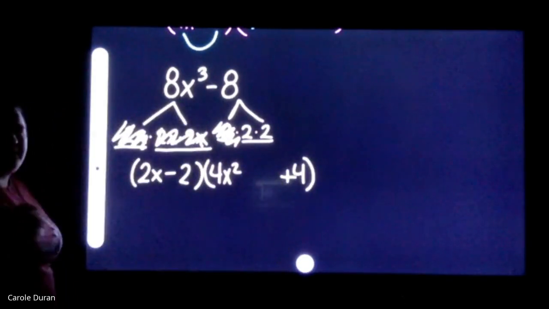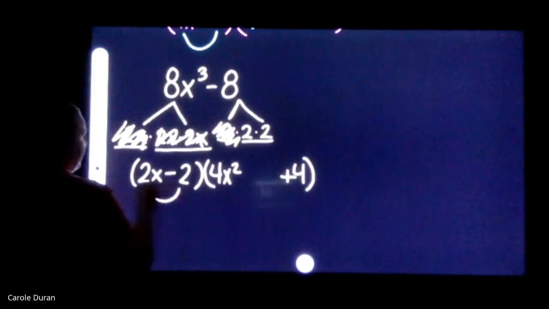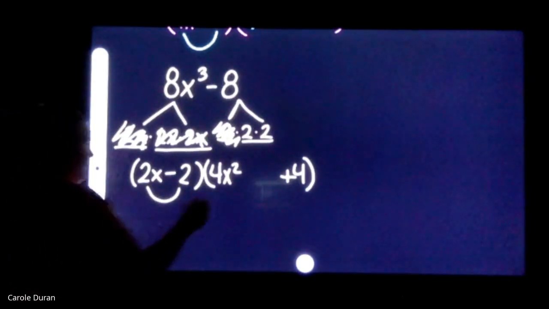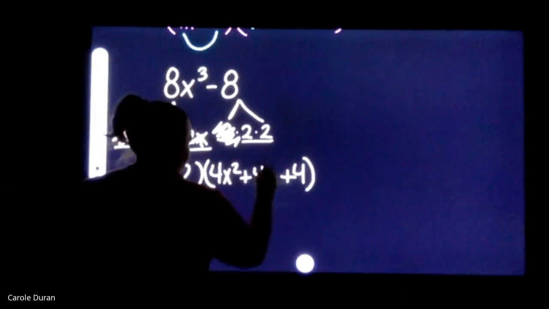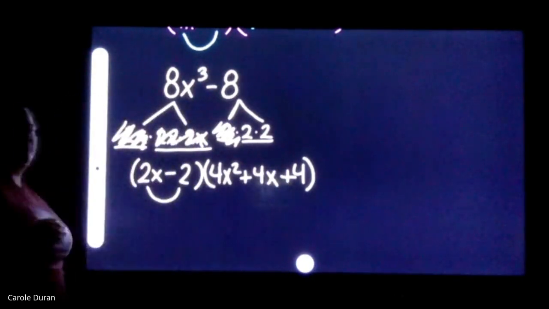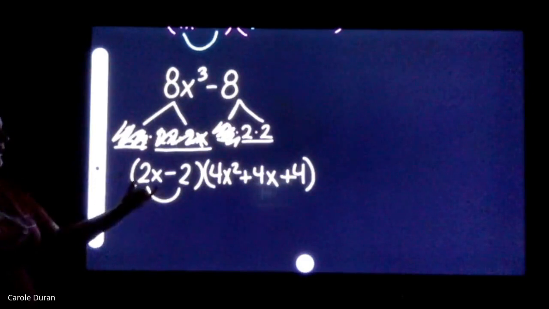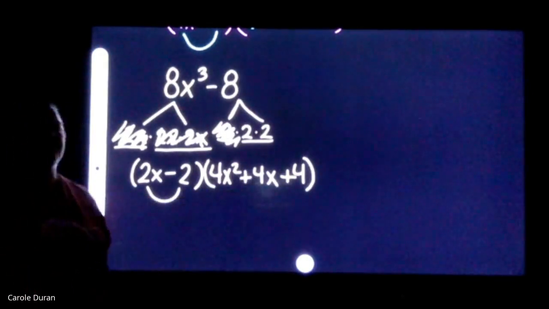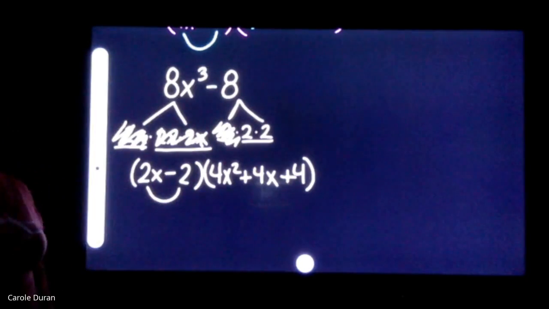And then to get my middle term, I do 2x times a negative 2 to get negative 4x. Its opposite is plus 4x. So this factors into 2x minus 2 times 4x squared plus 4x plus 4. And then we are done.